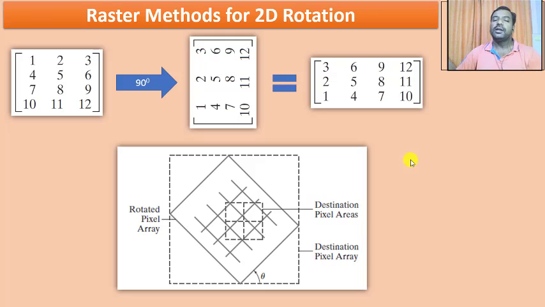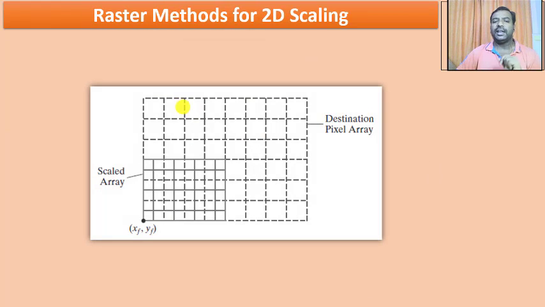Fine. So now if I talk about scaling, I am just going to have this complete pixel area as the pixel block. Now if I want to reduce this to half of the size, that is 0.5, then every pixel I have, I am going to reduce the size by half. I am just going to make sure I have 0.5 of the size.